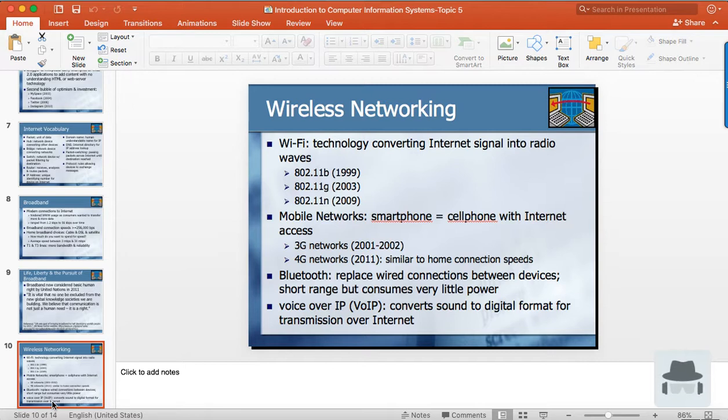You see a lot in consumer goods. And then voice over IP, or as we call it, VoIP, is basically converting sound into digital signals and then sending it across the internet. Telephony has worked in its own universe, a parallel universe to the internet, and it goes back to the days of Alexander Graham Bell.